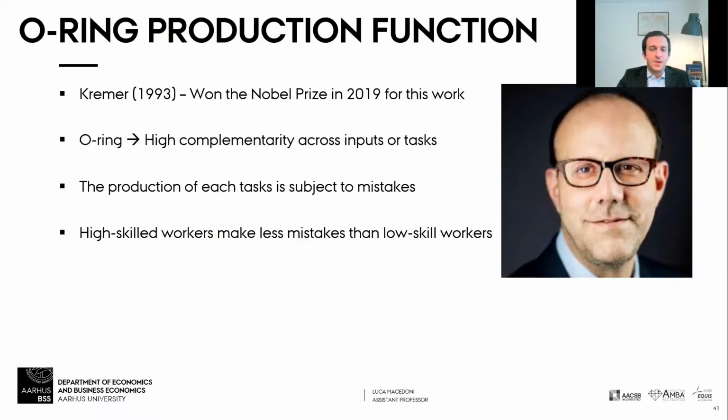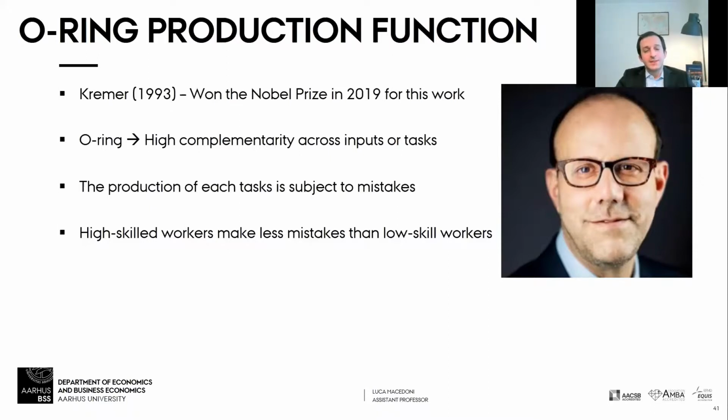Here the tasks are sequential. Each task can be subject to a mistake. If a mistake is made, the product is thrown away, and so you have to start from the beginning. So obviously you have to choose between low-skilled and high-skilled workers, knowing that the high-skilled workers make much fewer mistakes.